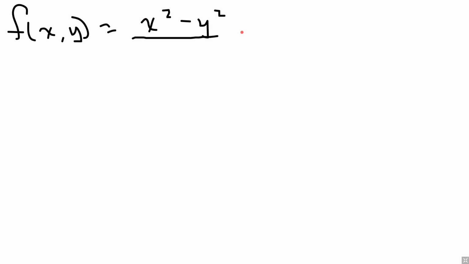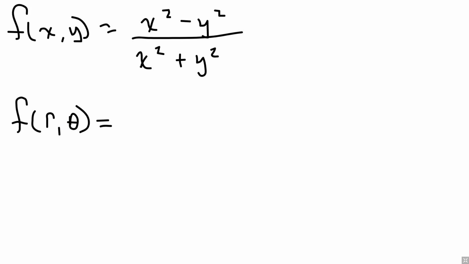All right, so the last problem we have is this. We have f of xy is equal to x squared minus y squared over x squared plus y squared. Again, what I'm going to do is transform this function from x and y to r and theta.